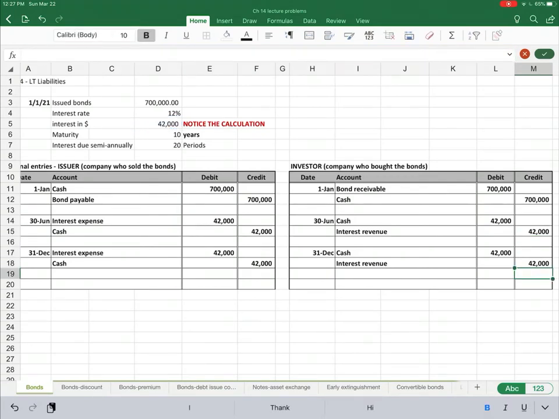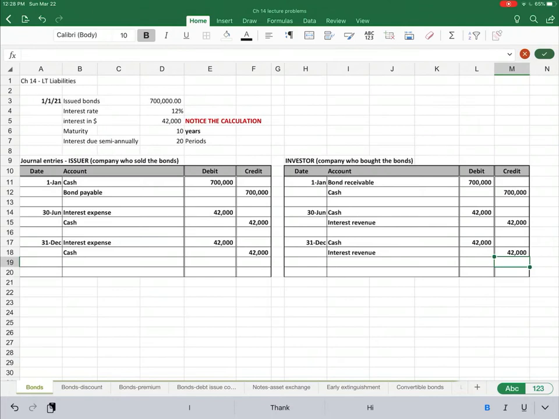And so that's the very simple set of journal entries that we would have to record when a bond is being sold at its face amount, and then we had periodic interest payments over the first year's worth of time. And obviously these periodic interest payments would then happen every 6 months over the entire 10-year period.